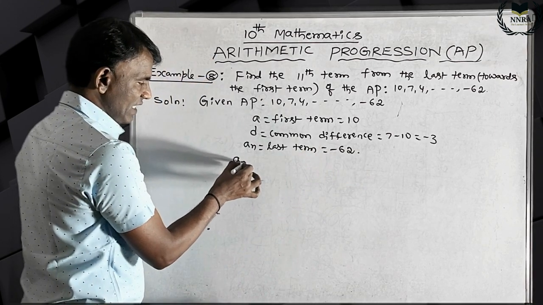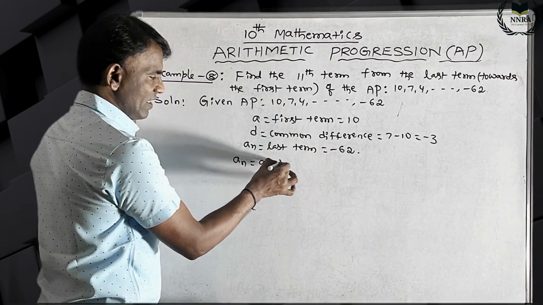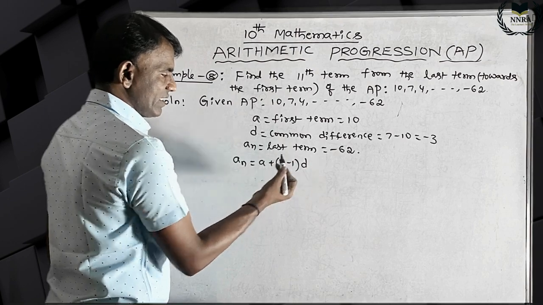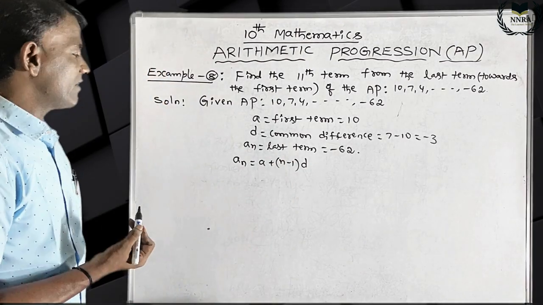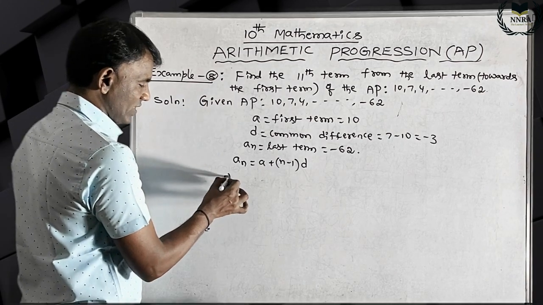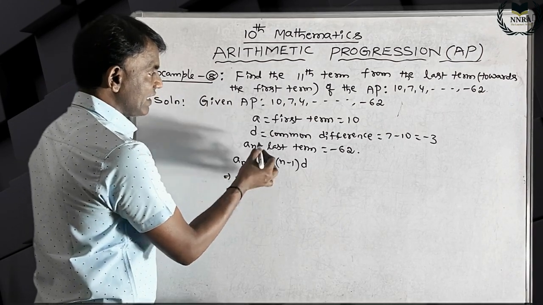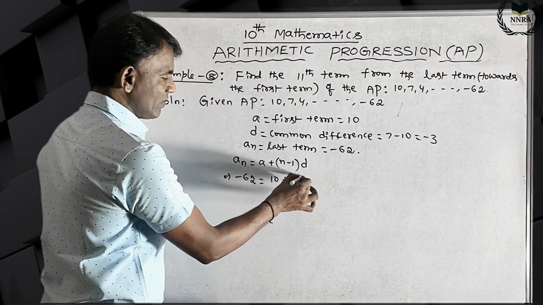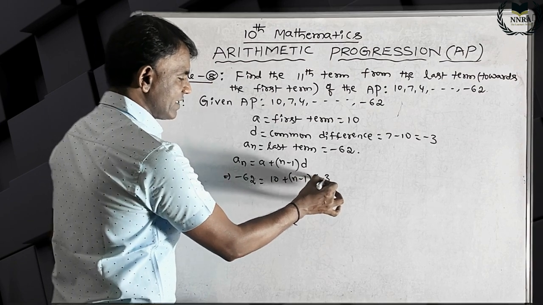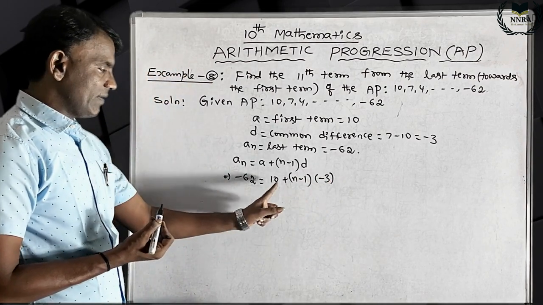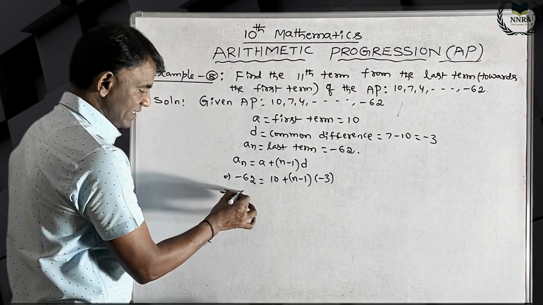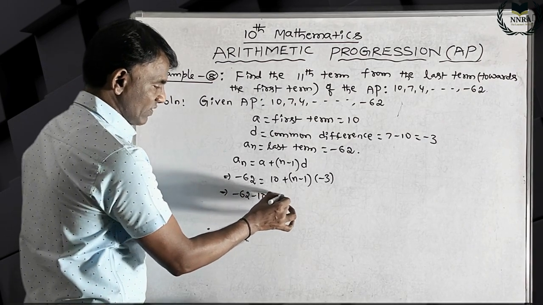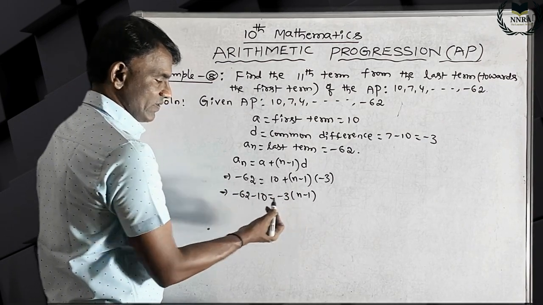Now an equal to a plus (n minus 1) into d. This is the formula for the nth term or general term, right? Now what is the value of an here? Minus 62, na? And a equal to 10, (n minus 1) into d, with d value minus 3. Do one thing, move plus 10 to this side. We get minus 10. Then how to write it? Minus 62 minus 10 equal to minus 3 into (n minus 1).